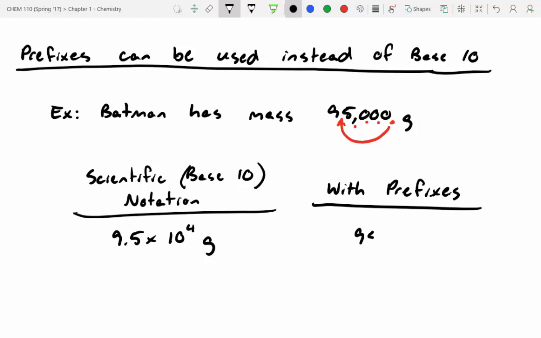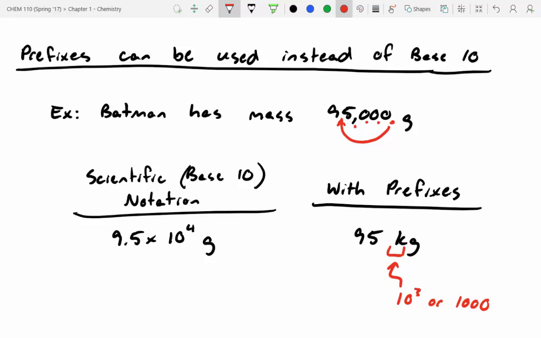So 95 kilograms with the little k. And really all this means is it's 10 to the third, right? Or 1,000 is another way of thinking about it. So oftentimes we use these prefixes to describe the base 10 units as well.